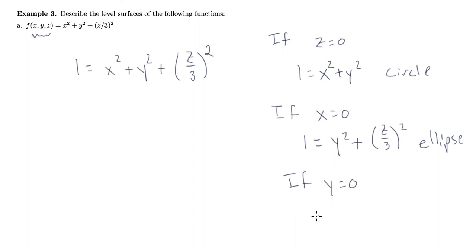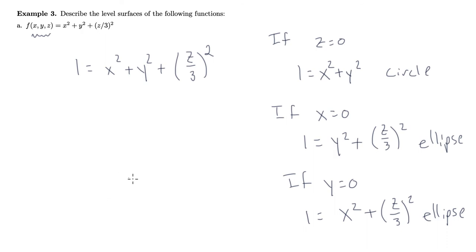This is going to be the cross section of the x squared, this is going to be the xz plane. And it's also going to be an ellipse. So we're imagining a shape where, going in one dimension, we have a circle, and in the other two dimensions, we have ellipses.